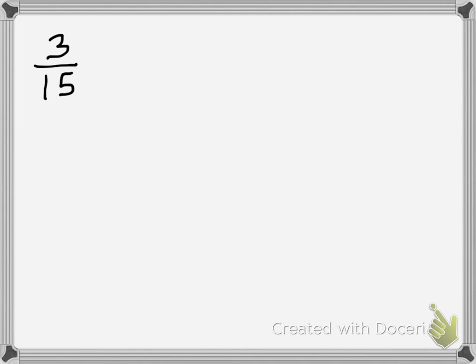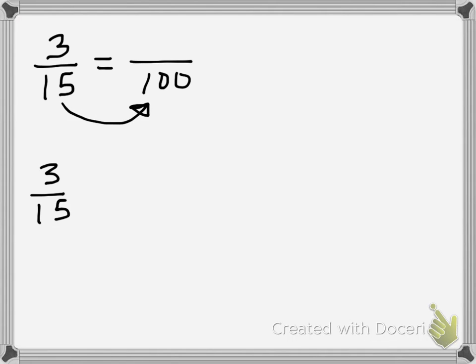Here's 3/15, and let's say it's saying, what is 3/15 as a percent? No problem, I just got to figure out what this is out of 100. But the problem is 15 does not multiply easily with a whole number to get me to 100. So the first thing I'm going to have to do is reduce 3/15. And when I reduce it, then it's going to work out. Well, both of these sides can get divided by 3.